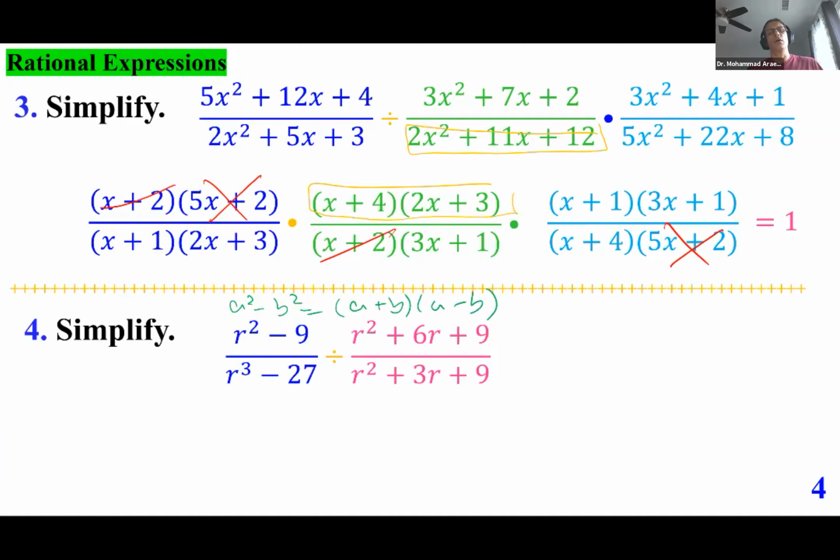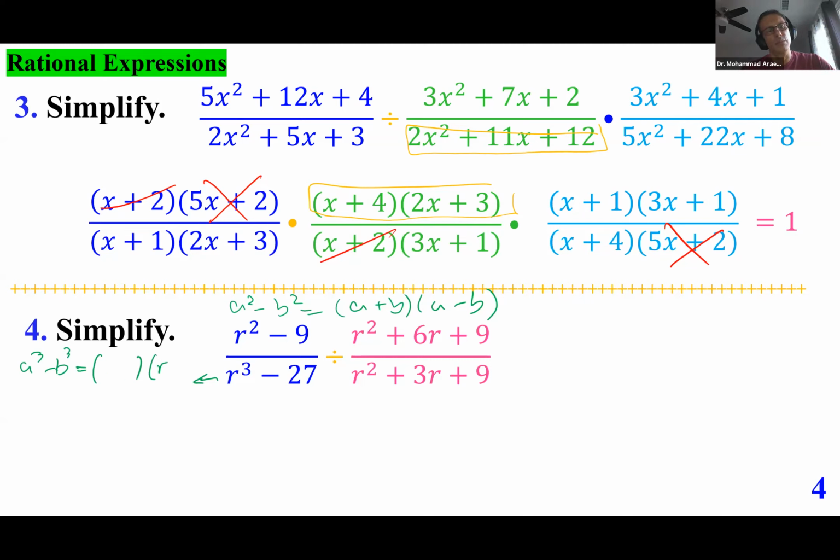So you get r plus 3 times r minus 3. The denominator is in the form of a cubed minus b cubed, where a is r and b is 3. So you have r minus 3, a minus b.